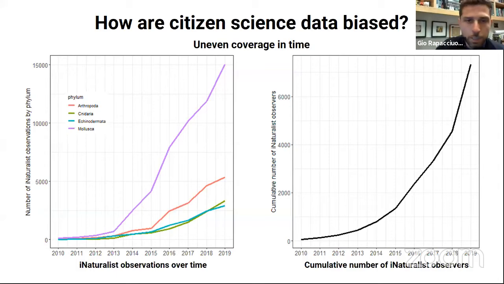And as you can see, that's been going up exponentially. What it means is that in concert, observations of all major phyla on the coast have been going up exponentially as well. So if we were to look at face value at virtually any species or any taxon on the coast, it would just be going up. Though there is some variation in just how fast it is going up, and that has to do with how diverse the taxon is in question.